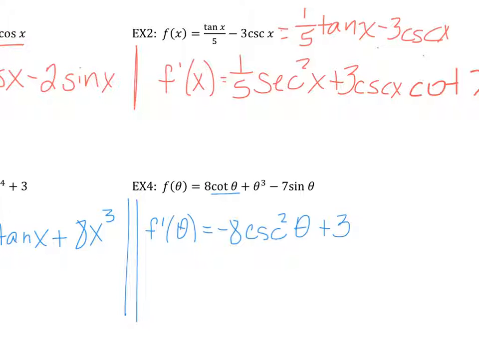So it would be 3 theta squared. And then what's the derivative of negative sine? Well, we got to think, or use our little picture up there if we have to. The derivative of negative sine is negative cosine, so this would be minus cosine of theta.